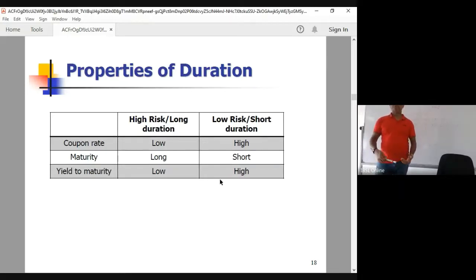If the yield to maturity is high, my risk is low because the duration is shorter. So in other words, if I buy a bond with a high coupon and a high yield to maturity, my risk is low. Is that clear or not? I'm going a bit fast because I know you guys have done this, but please ask questions if it's not clear.